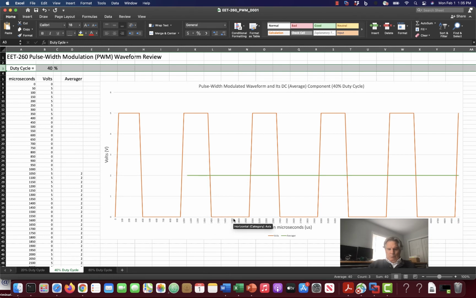And the average of this thing, instead of being 1 volt now, is 2 volts, because that's 40% of 5 volts. And all we have to do is operate this duty cycle in the way we want, to the precision we want, and we're basically producing an analog voltage, or an analog effect out here for driving the motor from a digital system.